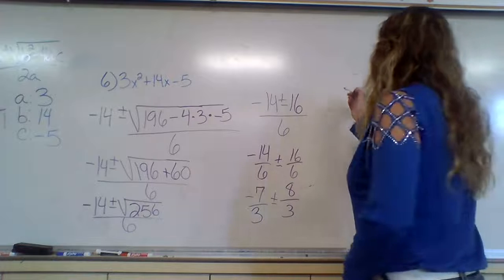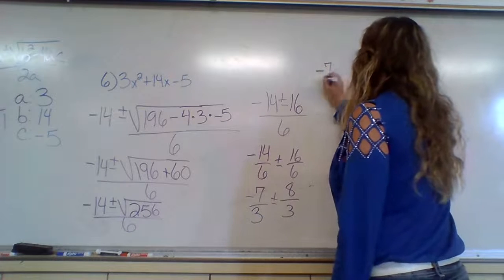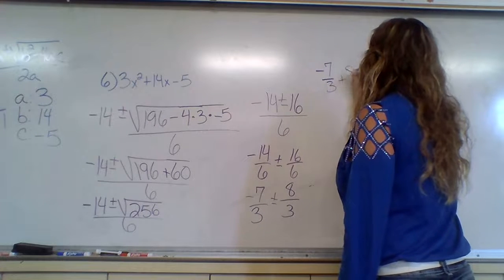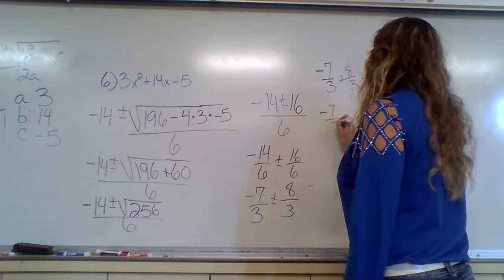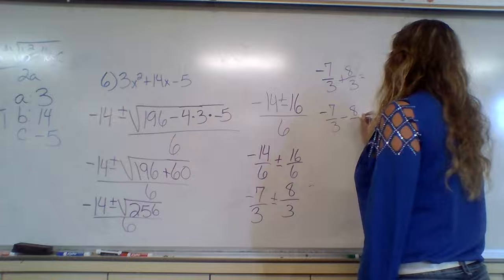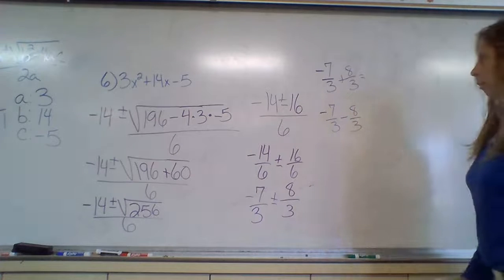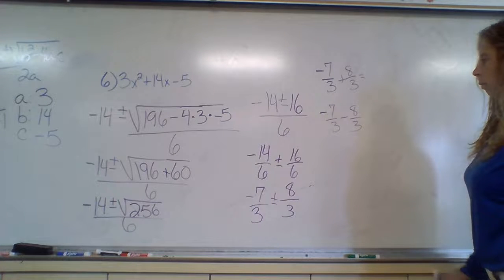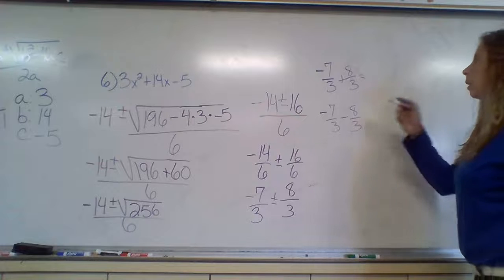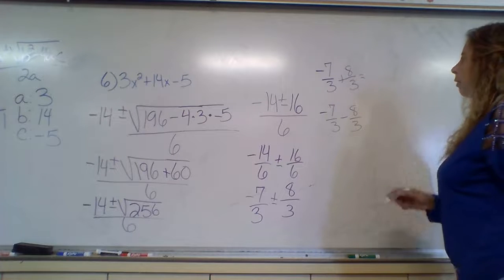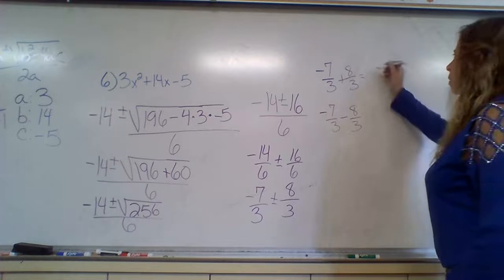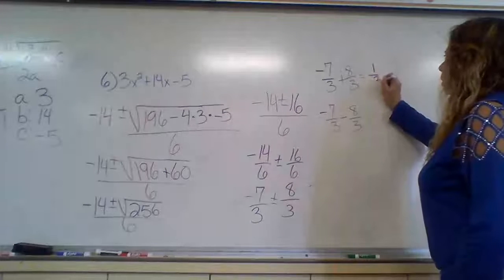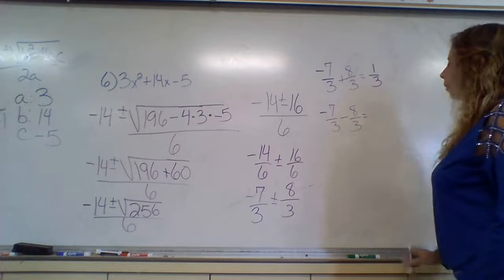So really you have negative 7 over 3 plus 8/3 and negative 7 over 3 minus 8/3. All right, so this is negative 7 plus 8, negative 7/3 plus 8/3, 1/3.